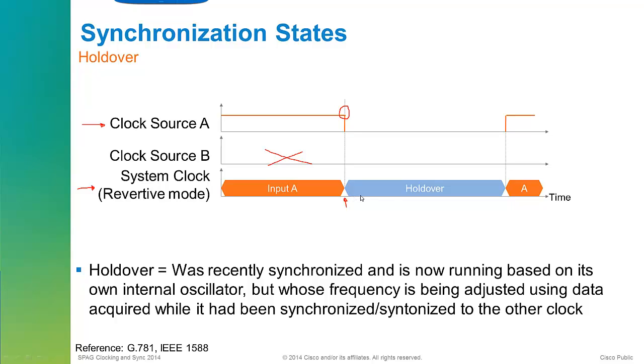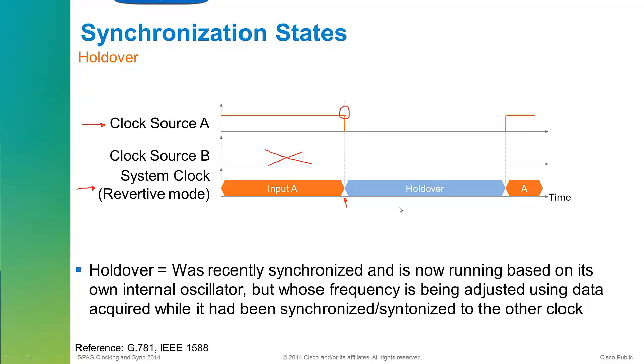And what this means is that our internal clock was recently synchronized to an input, to a frequency source, and is now running based on its own oscillator. But the difference here is that the oscillator has been conditioned, and is being adjusted using data acquired while it's been synchronized to another clock.